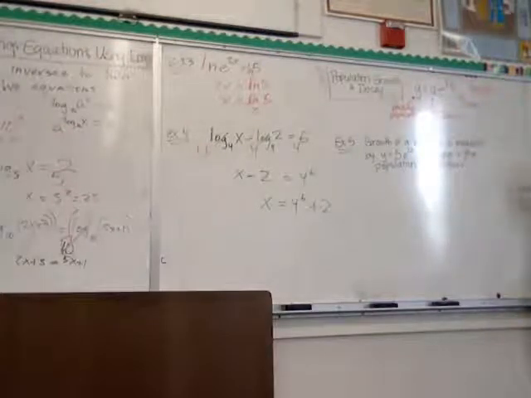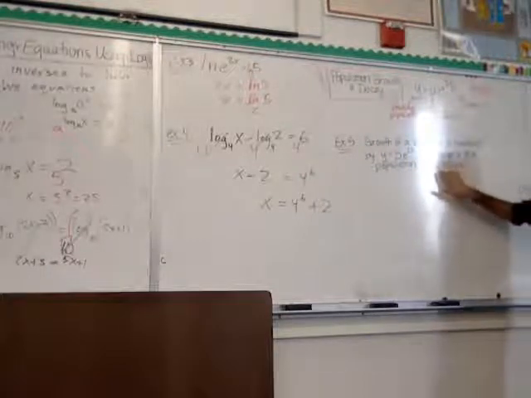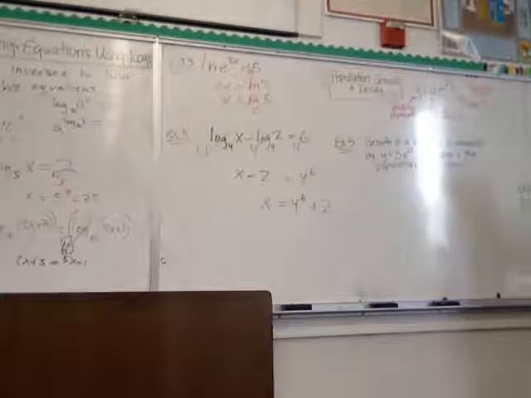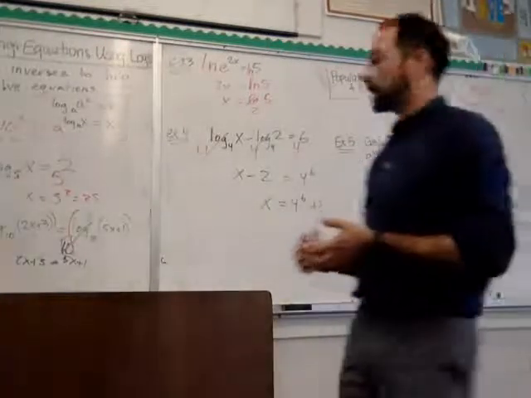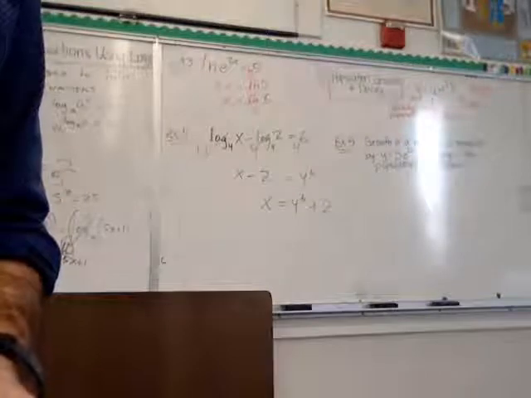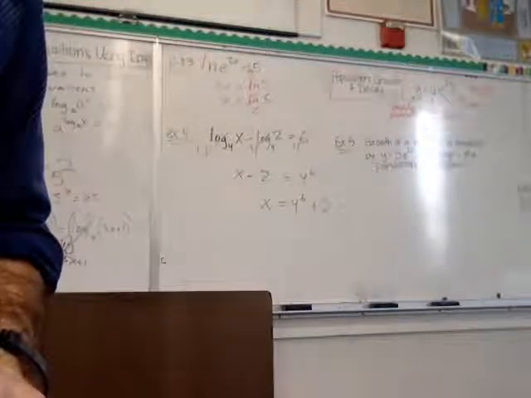And I want you to look at example 5 yourself. Think about how we might set it up. How large is the population in 6 hours? This doesn't give you units for time, so I'm going to double check that one because I'm not positive on the standard units for it.